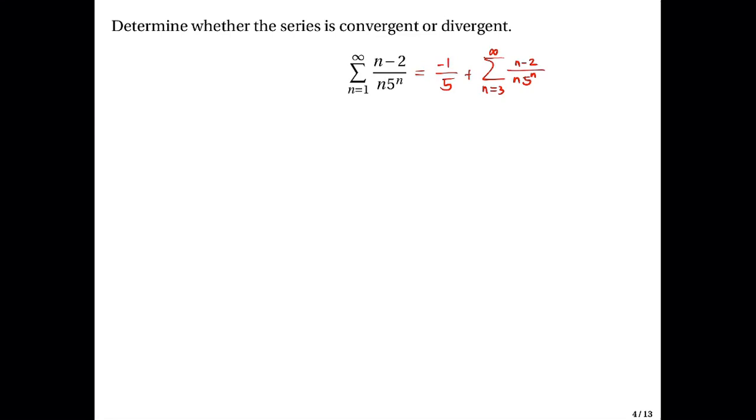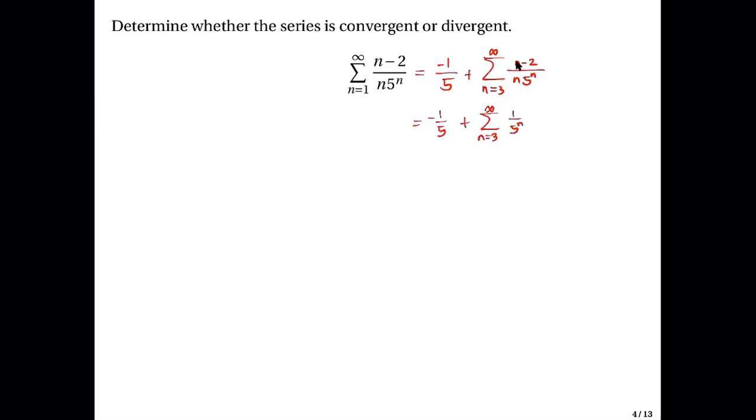For example, if we further separate them, you will have negative 1 over 5 plus the sum from 3 up to infinity of 1 over 5 to the n.